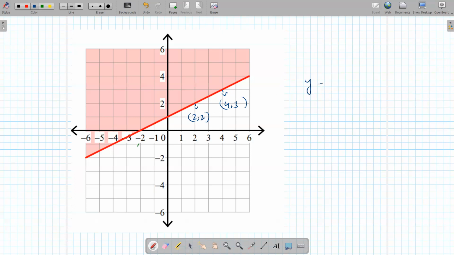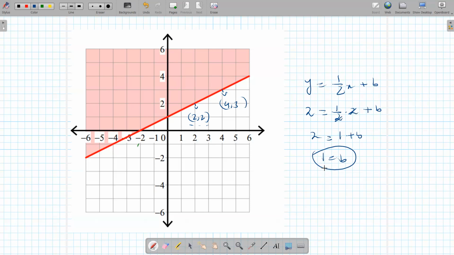Yeah, 1 over 2. So we know our equation is 1 over 2x plus b. And the question is, how do you find b? Well, you simply plug in a point. I'm going to plug in 2 and 2. So when the y value is 2, the x value is also 2. So this and this cancel out. So 1 plus b is 2. b is 1. The y-intercept is 1.